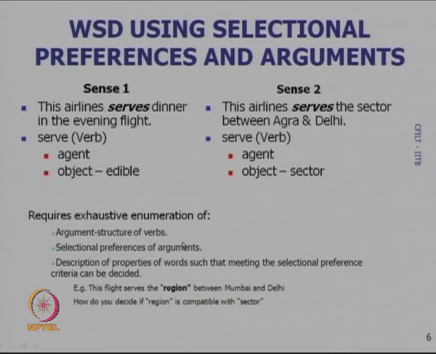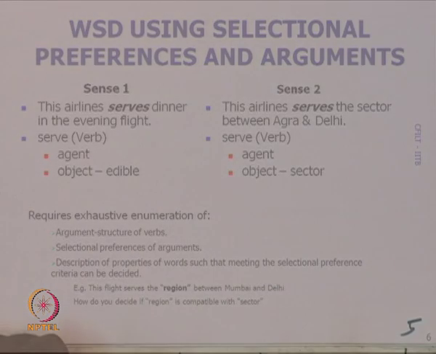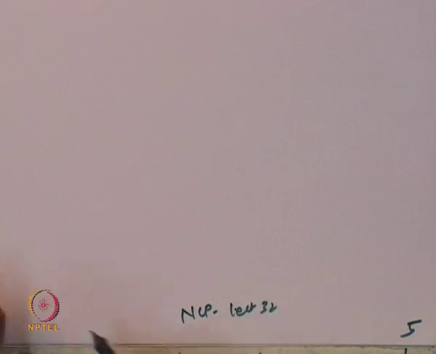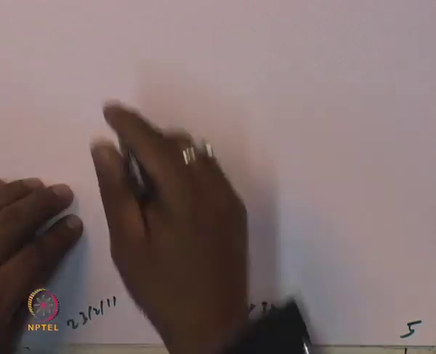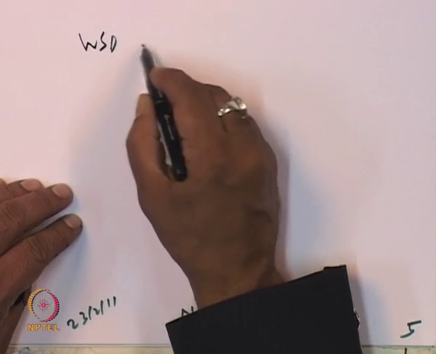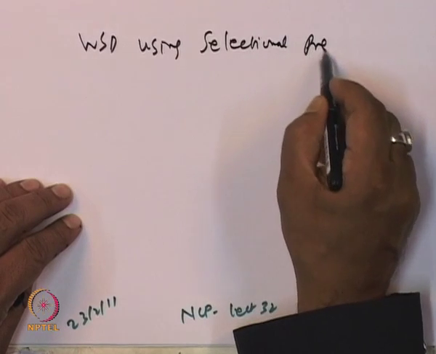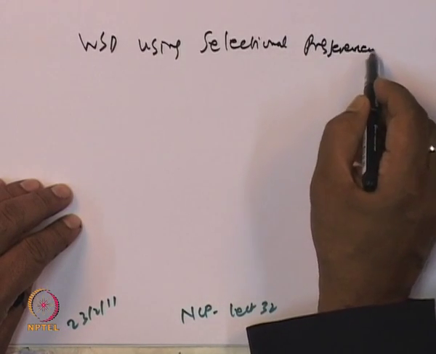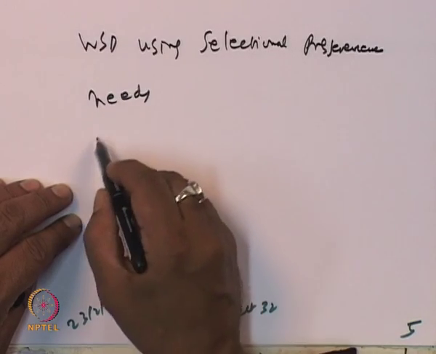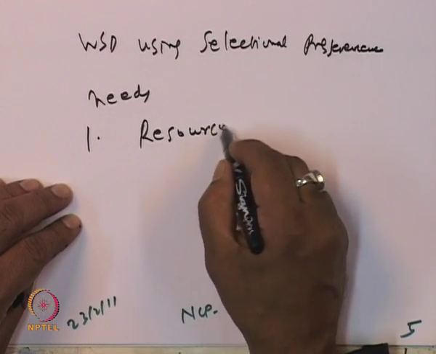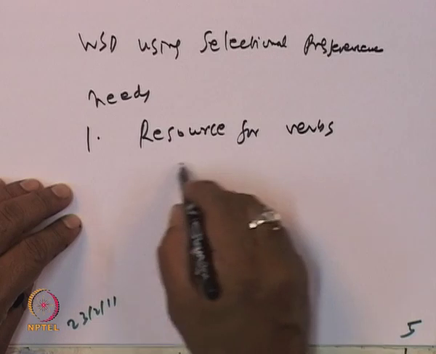So, writing on the paper, WSD using selectional preference needs one resource for verbs.